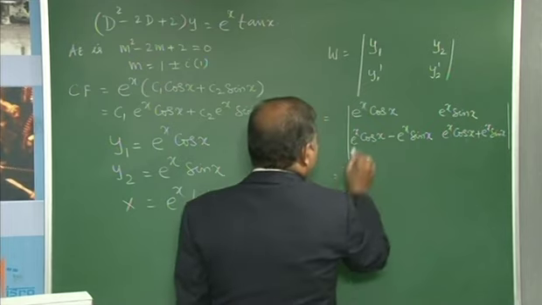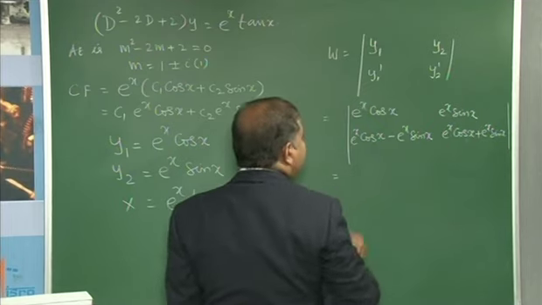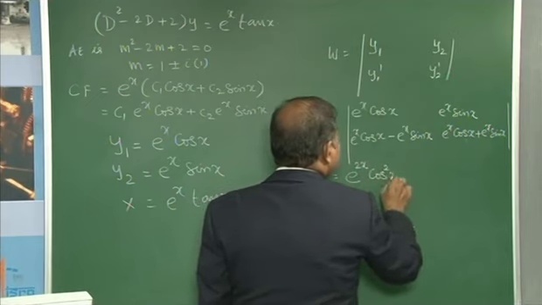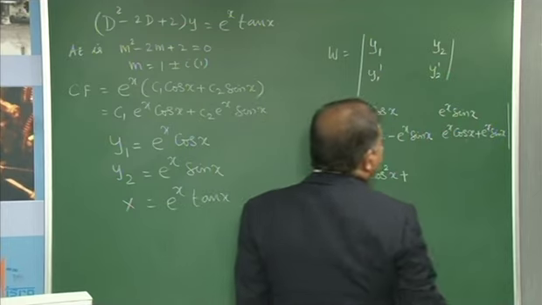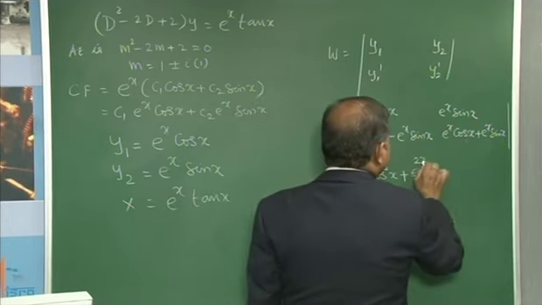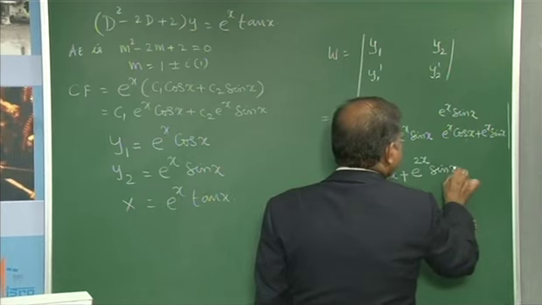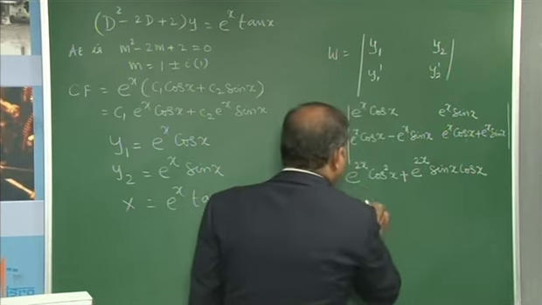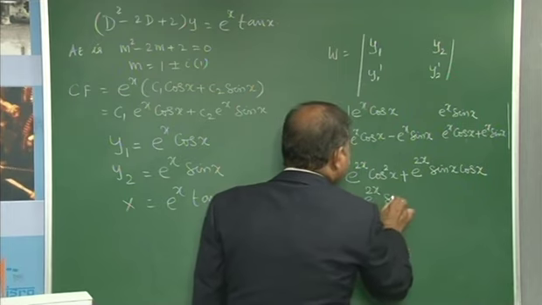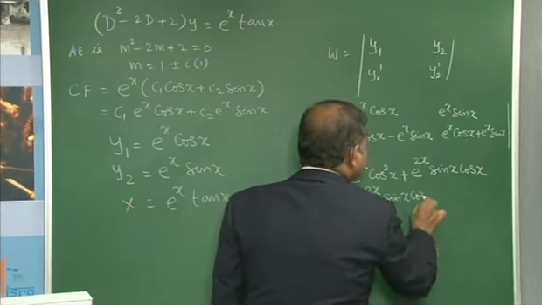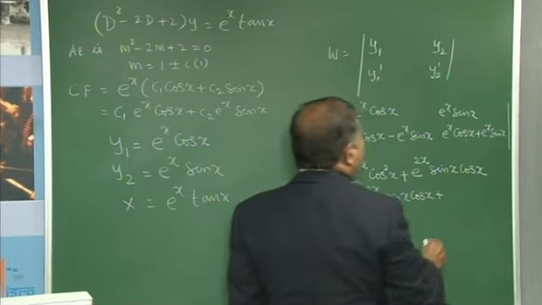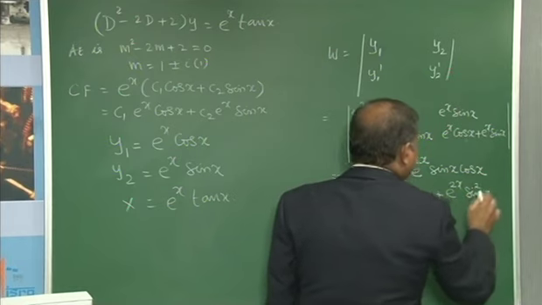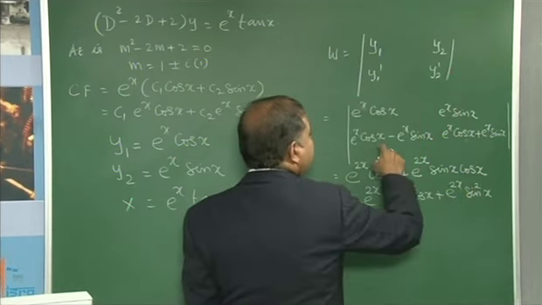Now make a product or expand the determinant. e^2x cos² x plus e^2x sin x cos x, minus e^2x sin x cos x plus e^2x sin² x, because in the determinant expansion one minus will be there for this.